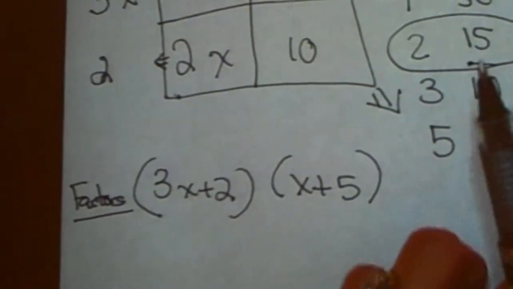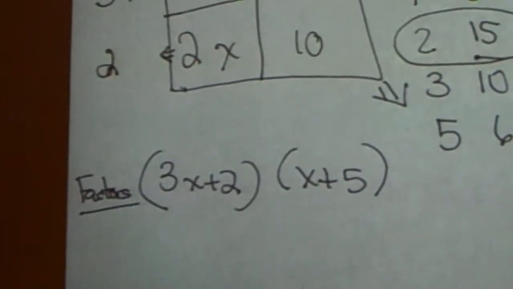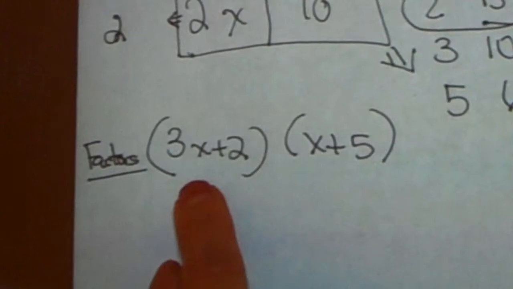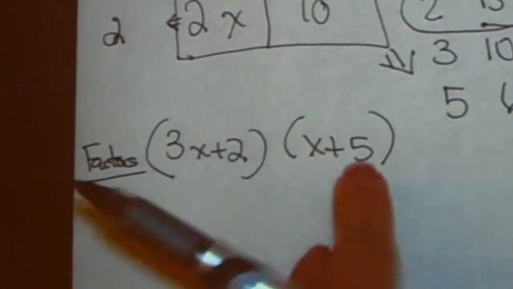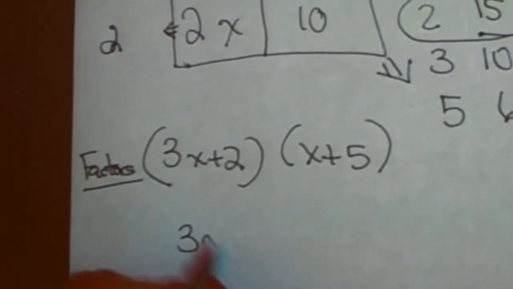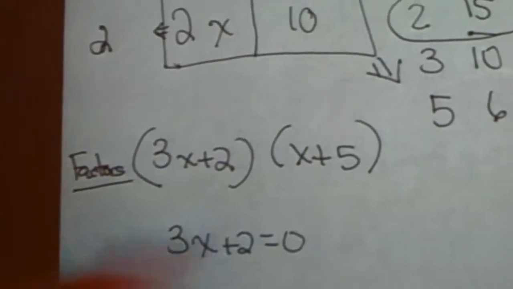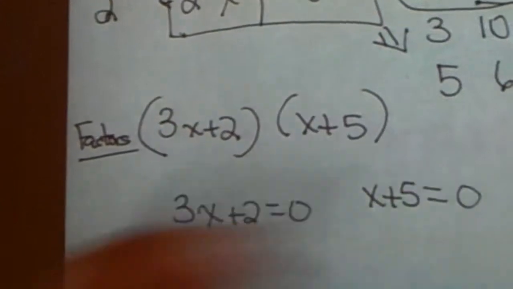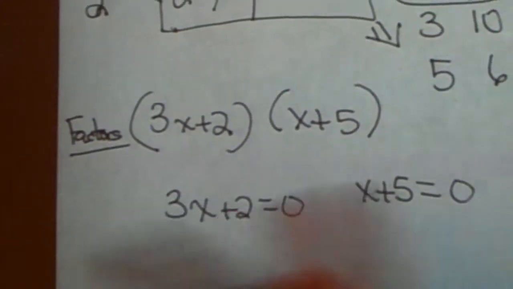You go to step 9, and if the directions say to solve, then all we're going to do is set each factor to 0. There are 2 factors here. 3x plus 2 is equal to 0. x plus 5 is equal to 0. And then you have 2 small algebra problems.